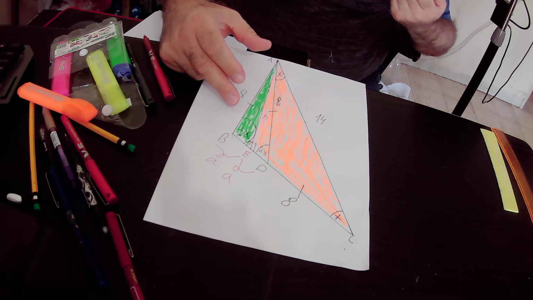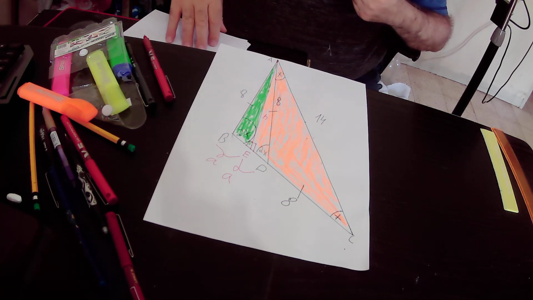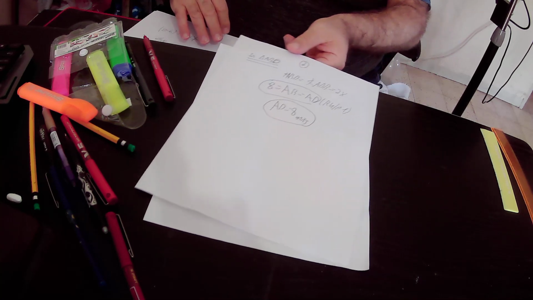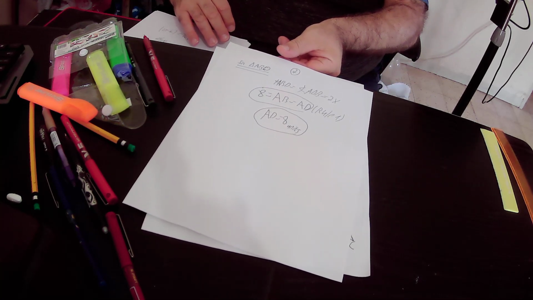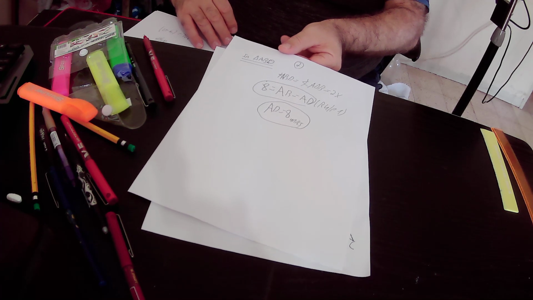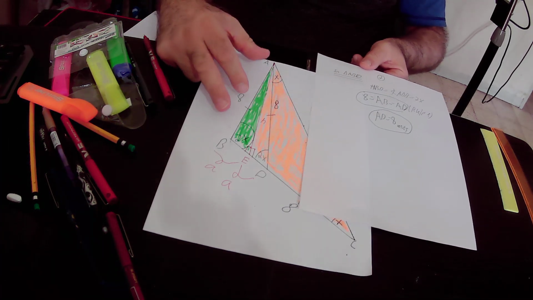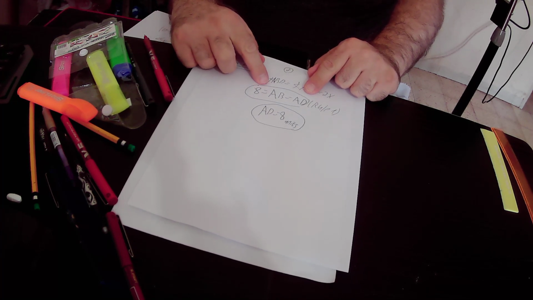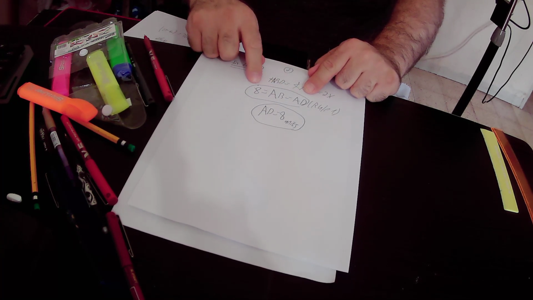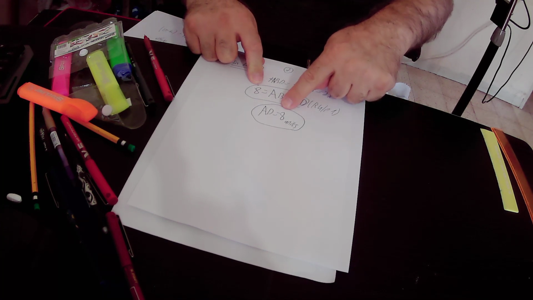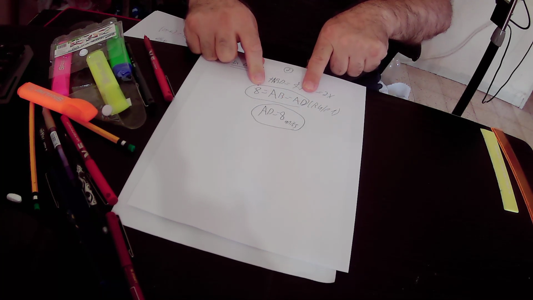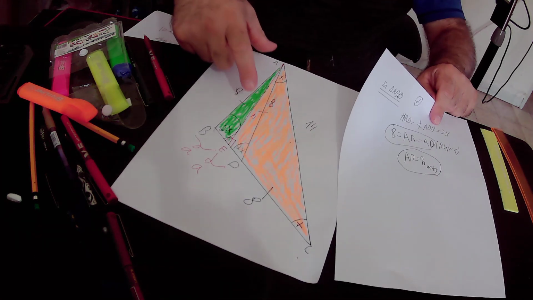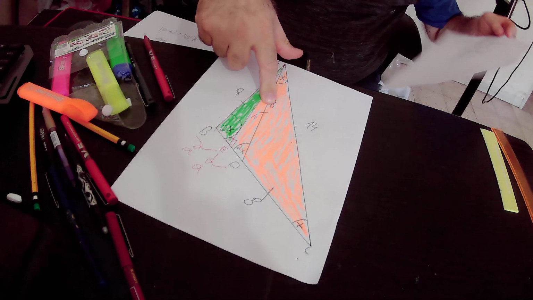So according to rule number 1, AB equals AD. But we know that AB equals 8 units. It is given in the question. From this equality we can deduce that AD also equals 8 units.